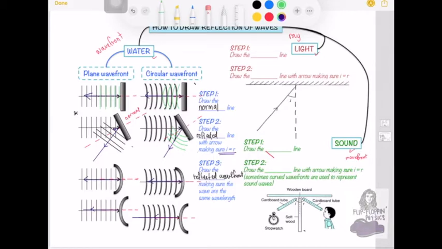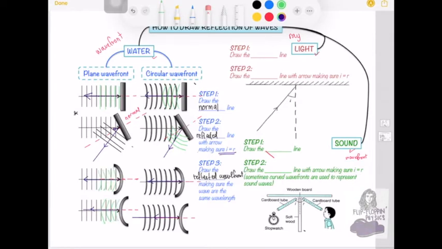Okay, and then all of these other ones. Basically, when you have a curve like this for a reflector, the shape of the waves is going to change slightly. So we're going to have a look at the first one, which is a plane wave approaching a curve that looks like this. When the wave is reflected back, it will follow the shape of that reflector.